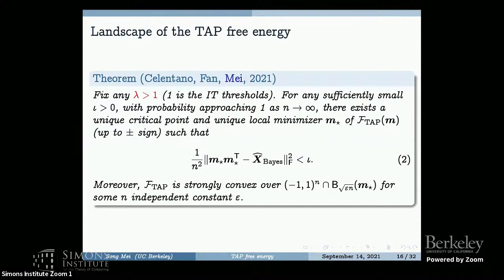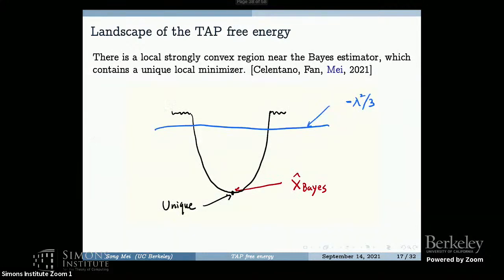And this type energy is strongly convex in a small neighborhood. And this neighborhood is not so small. I mean, the size allows us to give some algorithmic guarantee. Okay, so the geometric picture is like this.